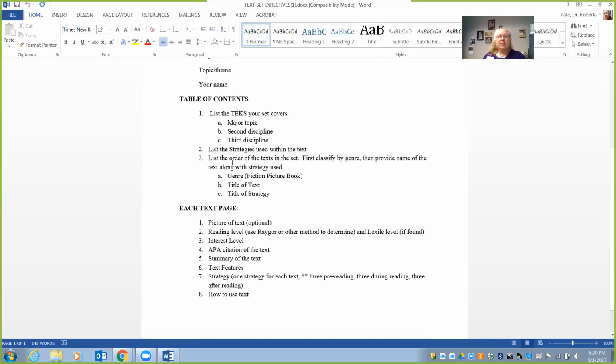And then you want to list the order of the texts in the set, okay? And you want to classify them by genre, right? So you have your fiction book, for instance. I have a fiction text, it's L is for Lone Star today. There's probably something in here about the Alamo that I might use.